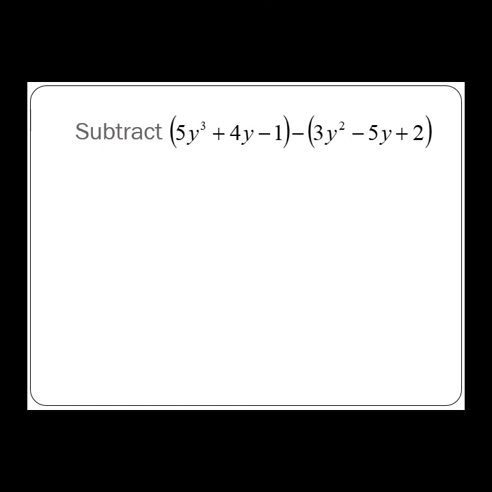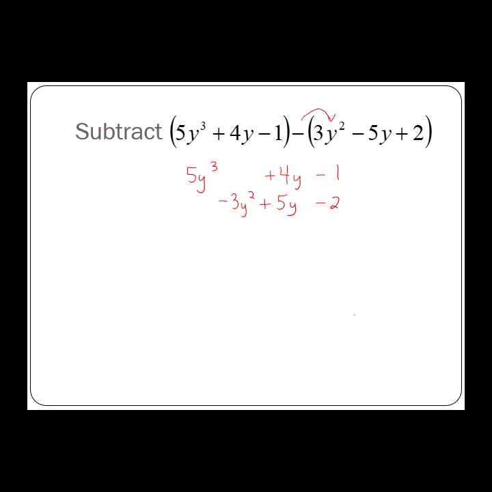So for this one, we have 5y cubed. I'm going to give a little space because I don't see a y squared term. And then I'm going to do minus 3y squared plus 5y minus 2.